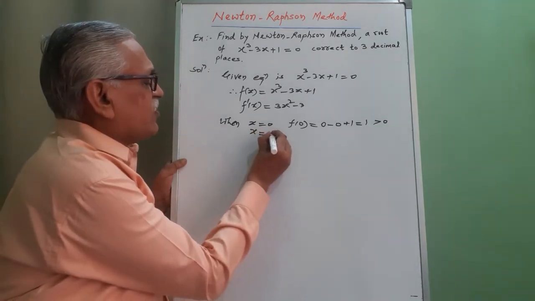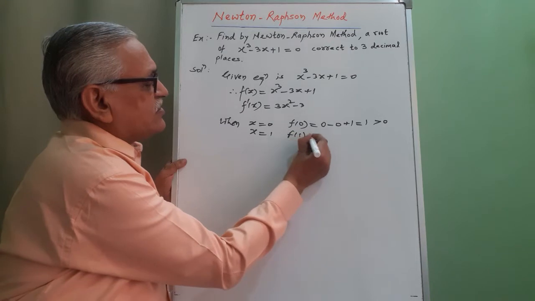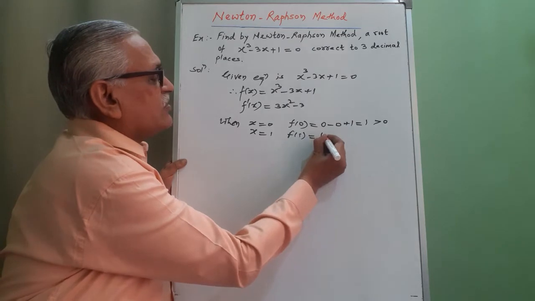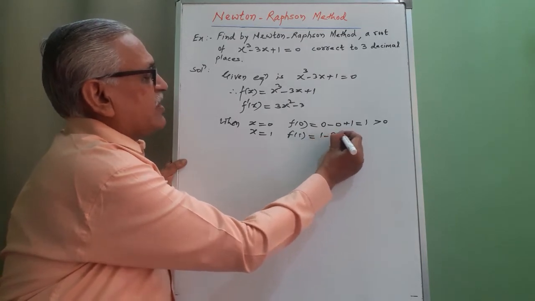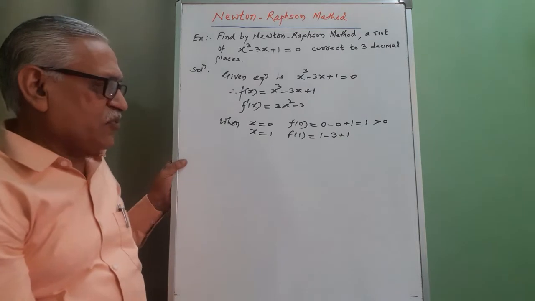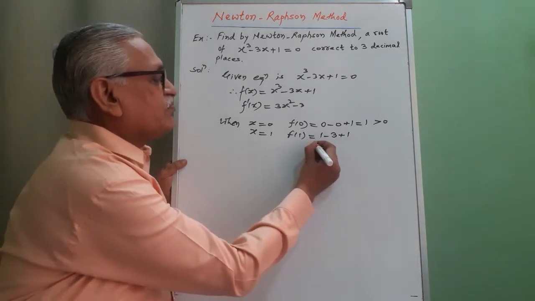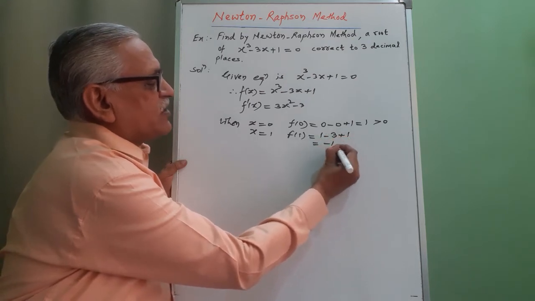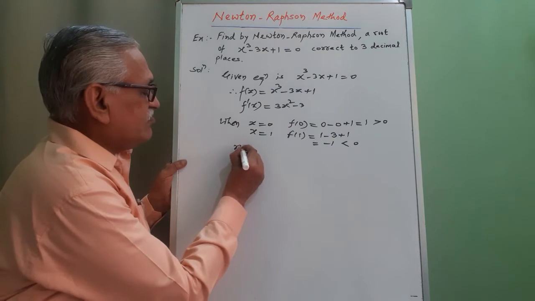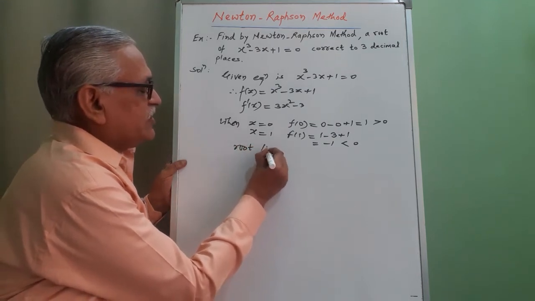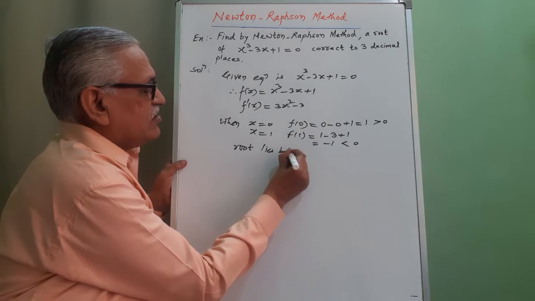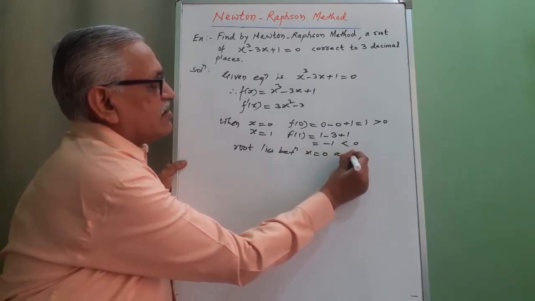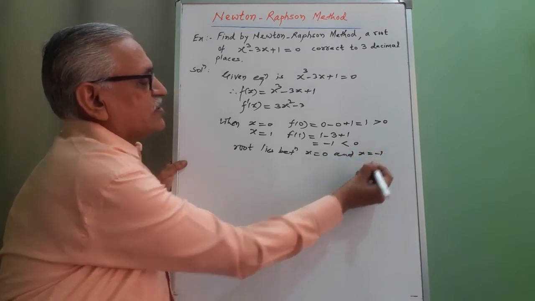Then for x equal to 1, we get f of 1 as 1 cube is 1, minus 3 into 1 is 3, minus 3 and plus 1. Therefore, minus 3 plus 1, we get 2 minus 3, which is minus 1. So the root lies between the two values, x equals 0 and x equals 1.